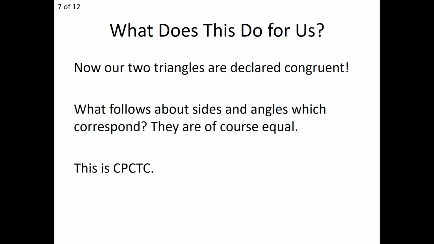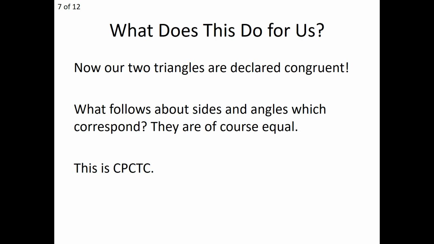If I only start with these 3 pieces of information of each of these two triangles, and I'm able to declare them congruent, this opens the door for more information. How? Because what follows after we know that we have congruent polygons, we know that all their corresponding parts, their corresponding angles, and their corresponding sides have to be equal in measure.